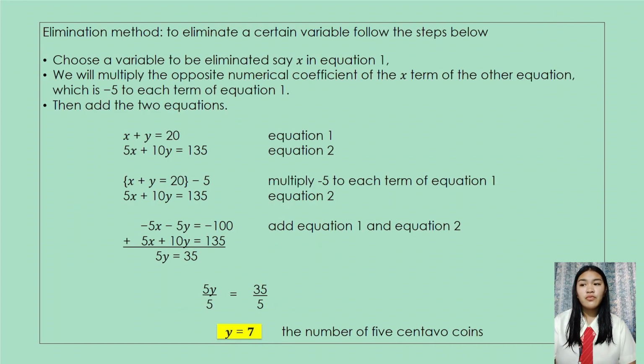So we will divide 5 on both sides to eliminate, which will come up to the result of y is equals to 7, the number of 5 centavo coins.